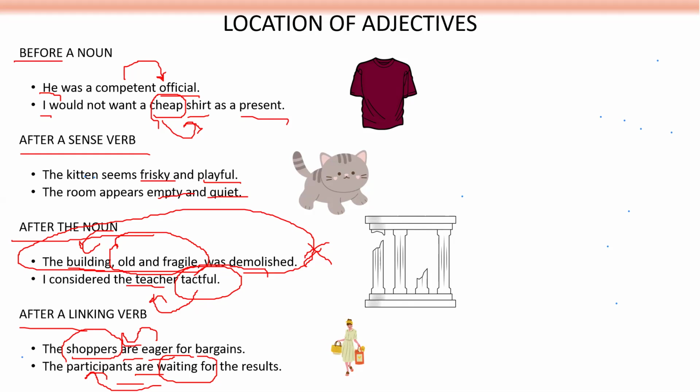Kasi pag sinabi mo she is a talented artist, yung word na talented, ang imo-modify na niya ngayon yung noun na artist. So magiging before a noun yung rule na to. So if you put it like this, she is talented. Yon, tama na yon. The adjective is located after a linking verb. Okay, gets nyo?